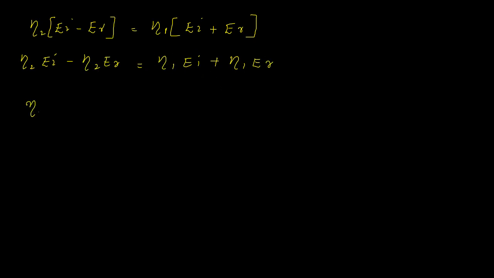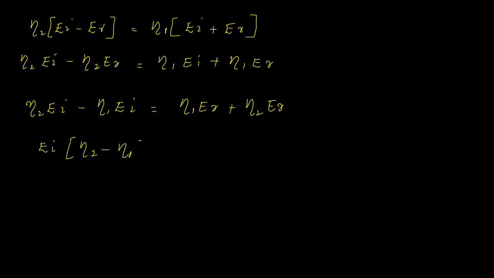So eta 2 EI minus eta 1 EI equals eta 1 ER plus eta 2 ER. We can take out EI: EI times (eta 2 minus eta 1) equals ER times (eta 1 plus eta 2).